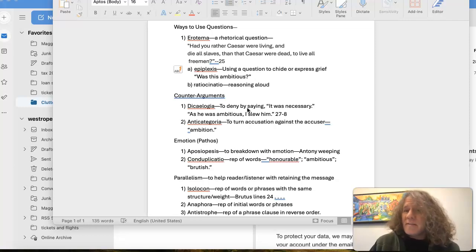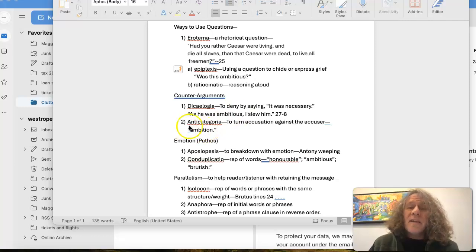Actually, it's the erotema that happens before it that has that function: had you rather Caesar were living and die all slaves than that Caesar were dead and live free men? So he's basically saying, look, I had to kill him. It was necessary. If I didn't, he was going to be the emperor and he was going to use us all as his slaves.